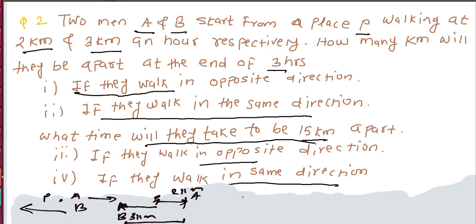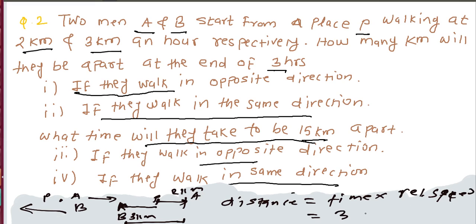So in 3 hours, distance will be equal to time into relative speed. Relative speed is 5 kilometers per hour.